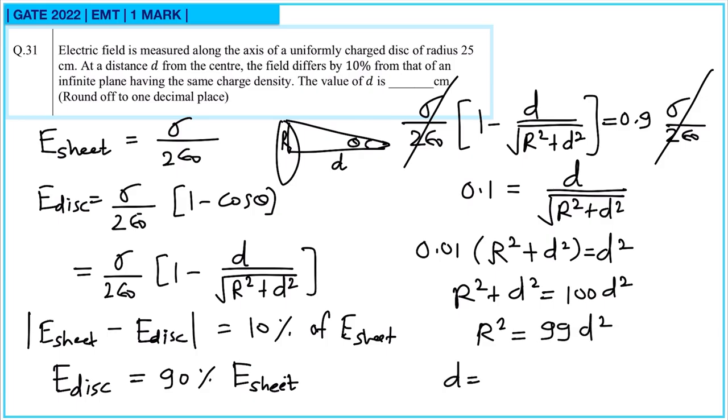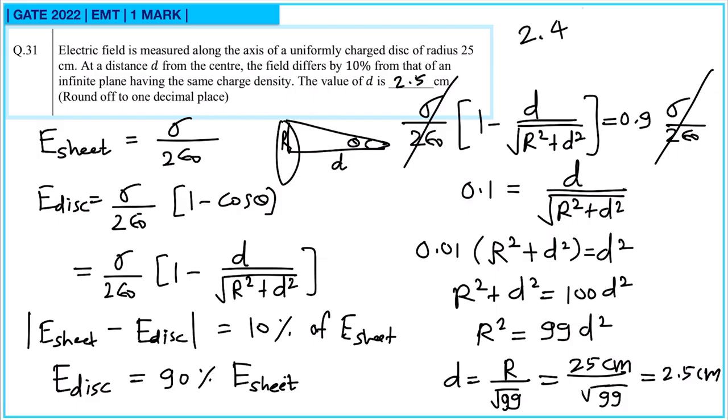So d is equal to r upon under root 99. But r is given as 25 centimeters upon under root 99. Under root 99 is roughly under root 100, so that is 10 only. So this will be 2.5 centimeters. So the answer is 2.5, and the answer given in the answer key is 2.4 to 2.6.